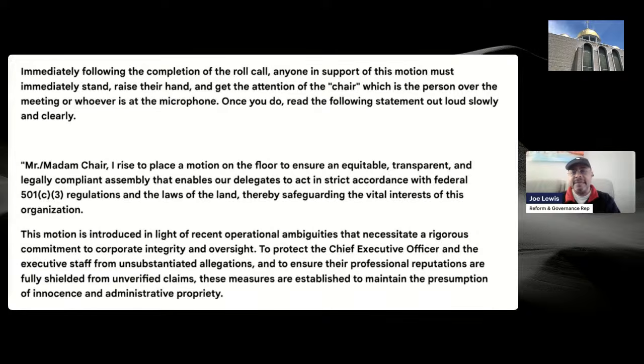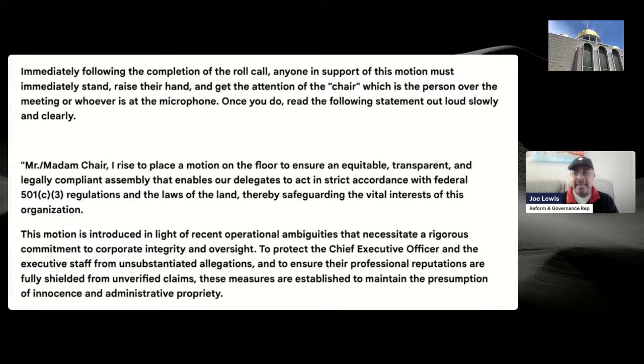Immediately following the completion of the roll call for the delegates inside of the assembly, anyone in support of this motion must immediately stand, raise their hand, and get the attention of the chair, which is the person over the meeting or whoever is at the microphone. Once you do this, simply read the following statement out loud, slowly and clearly.